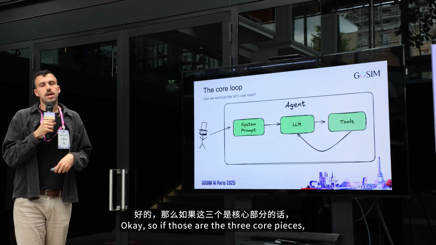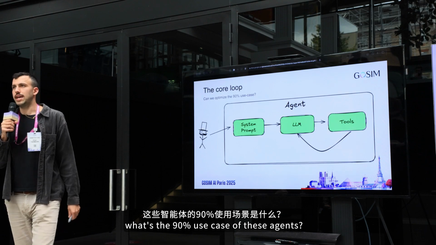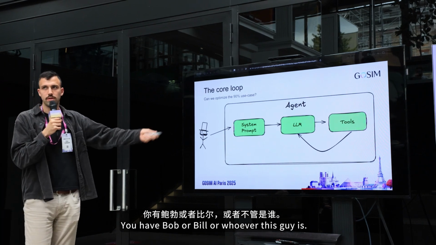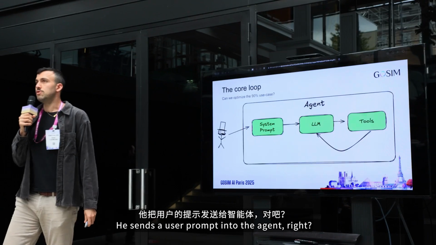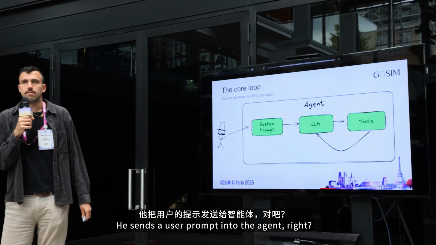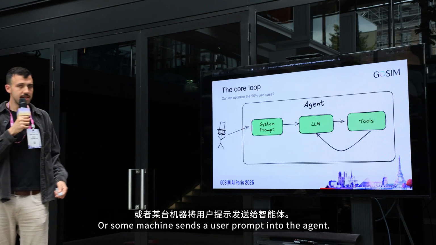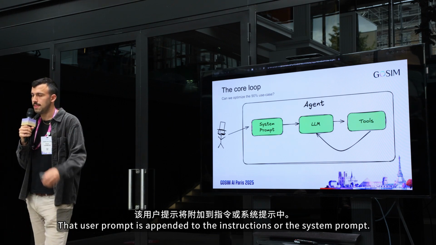Okay, so if those are the three core pieces, what's the 90% use case of these agents? Let's be honest. You have Bob, or Bill, or whoever this guy is. He sends a user prompt into the agent, or some machine sends a user prompt into the agent. That user prompt is appended to the instructions or the system prompt.